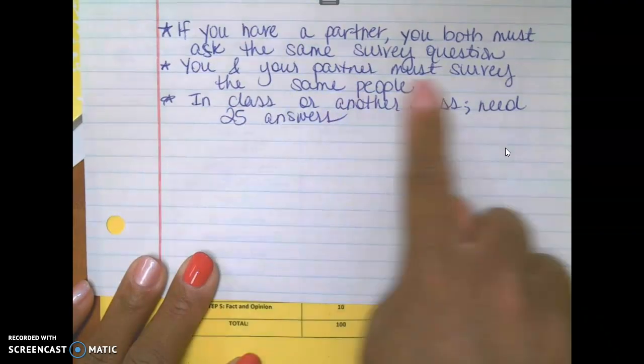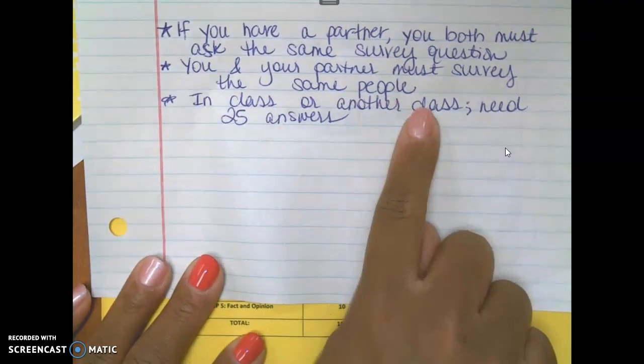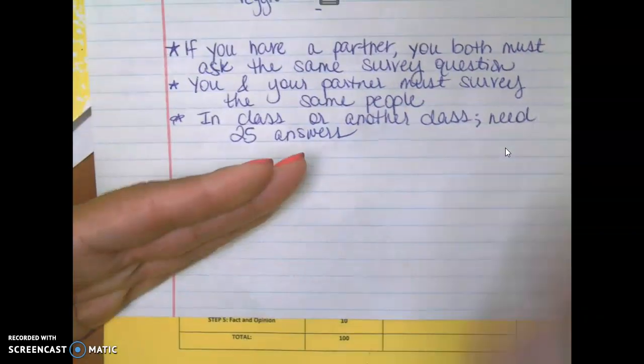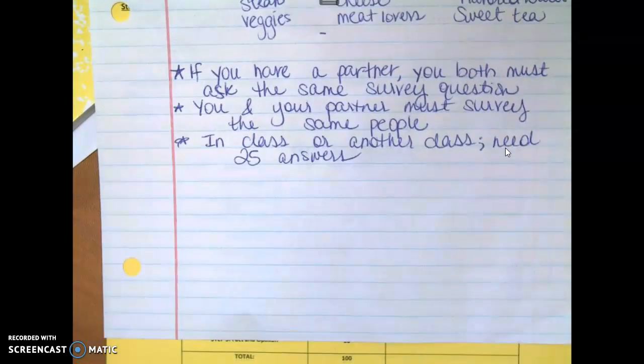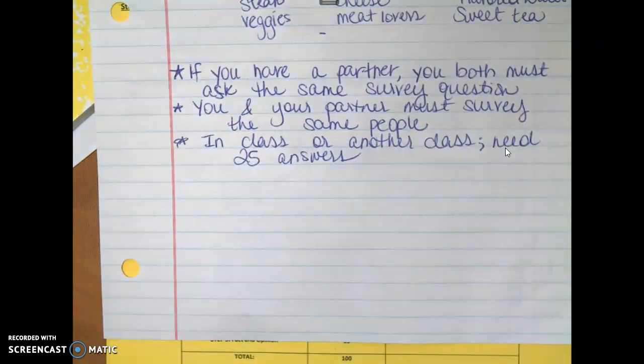You and your partner must survey the same people as well. Somebody can do 12 people, somebody can do 13 people. 12 plus 13 is 25. In class or another class, if you would like to ask another classmate or another friend without disturbing them, you may do so. You need 25.